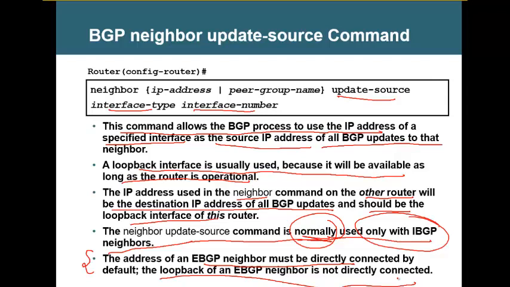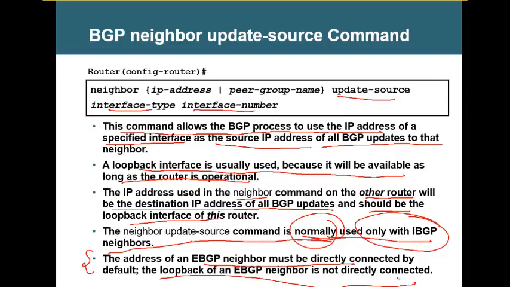So this is one of the reasons why in EBGP we don't use it. But there are some workarounds. If you have a redundant path in EBGP, we can also use loopback to loopback peering in EBGP, which we will be seeing in the coming class.